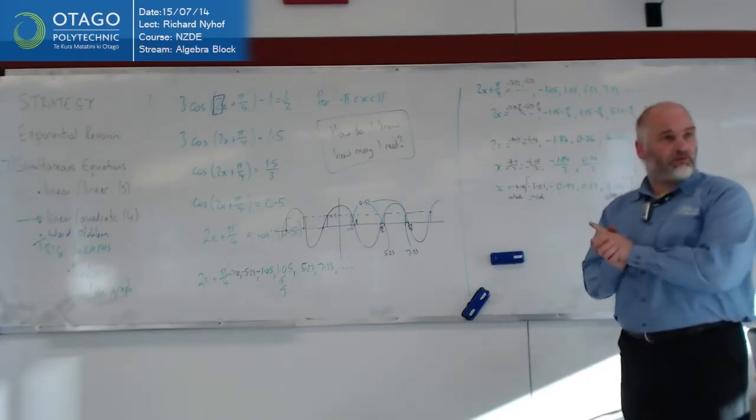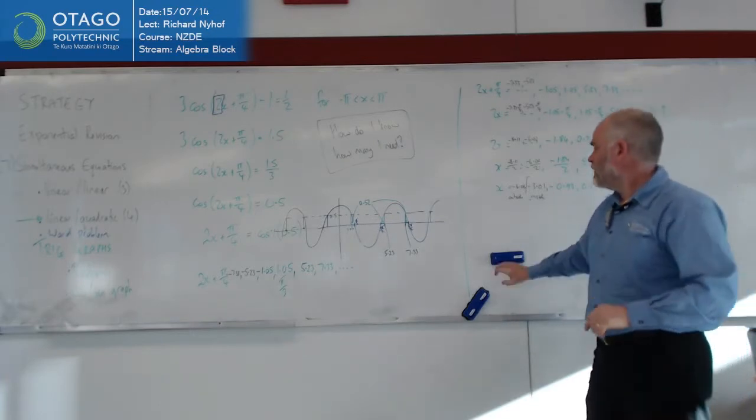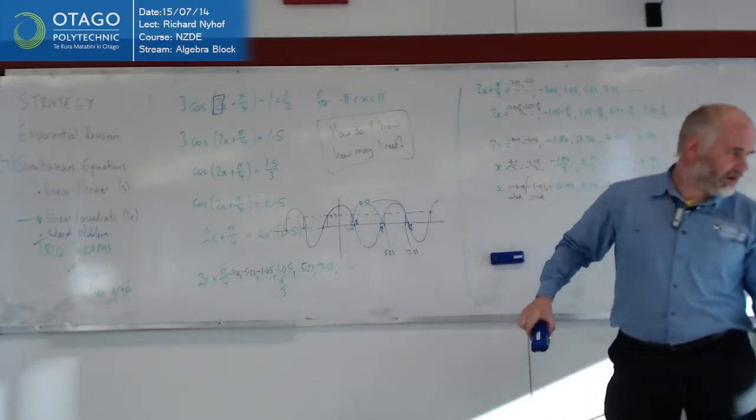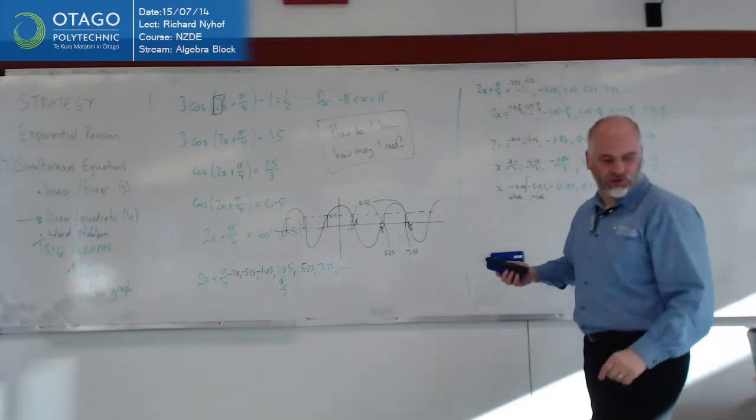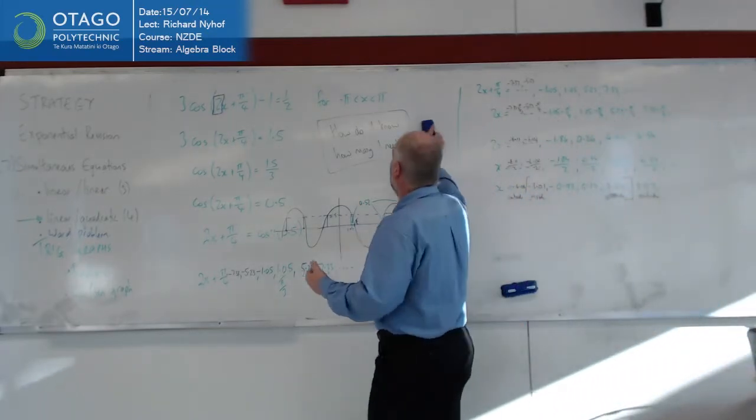Okay, so if I rub this out, we'll do another example. Let's do one that looks a little more like question 3 on your assignment. We'll do a sine one, and one with divide in the middle.